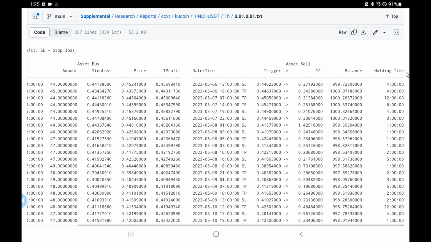And you see exactly how long it took: 4 hours, 4 hours, 12 hours, 6 hours, 4 hours, 3 hours, 1 hour, 1 hour, 1 hour. So you actually get a sense of just how long the trading will take for a position. And this is, again, a 1 hour time frame.